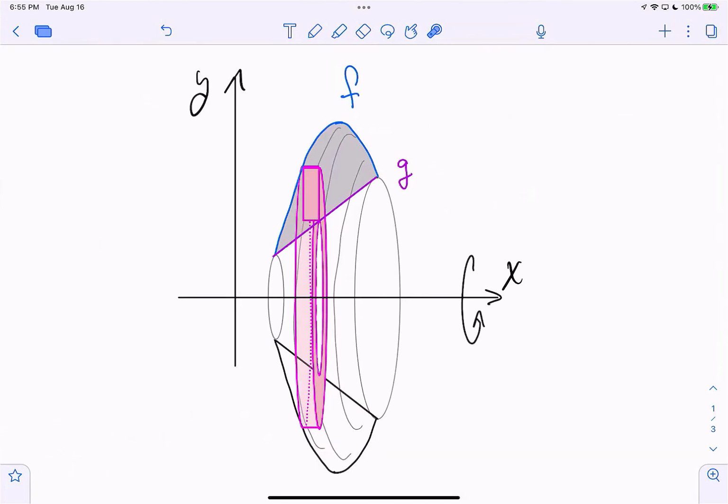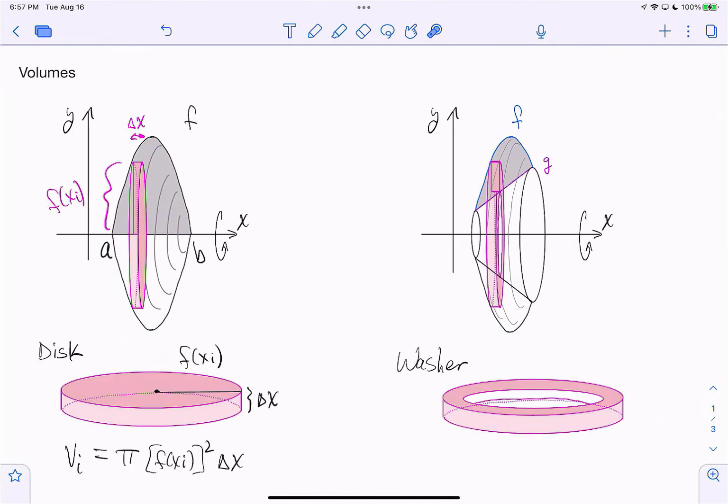The resulting solid of rotation also has a hole in it. In this case, it's a V-shaped hole, but there's a gap in the solid. The result in this case is kind of like a flying saucer with like a funnel gap in the middle. I don't know. But this pink thing, as I said, is called a washer. And just as with the first example there, the height of the washer is going to be delta x.